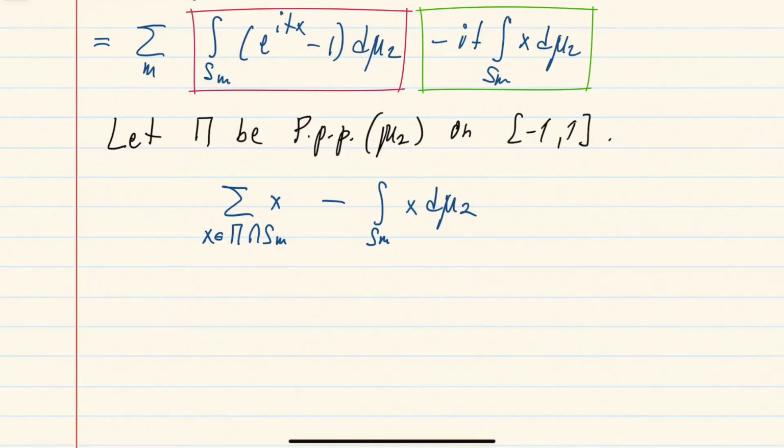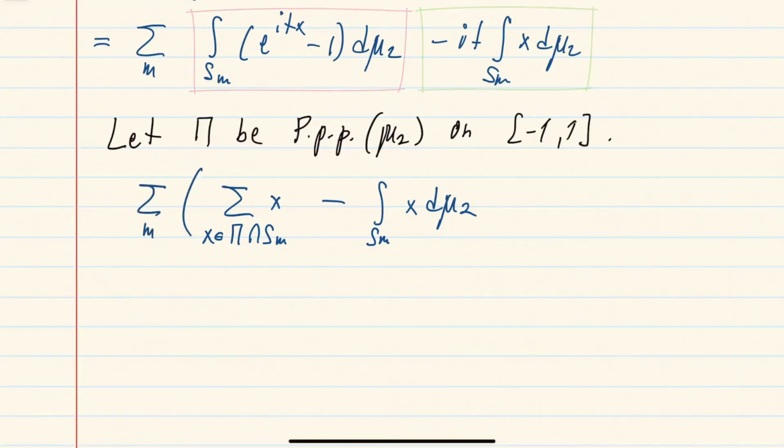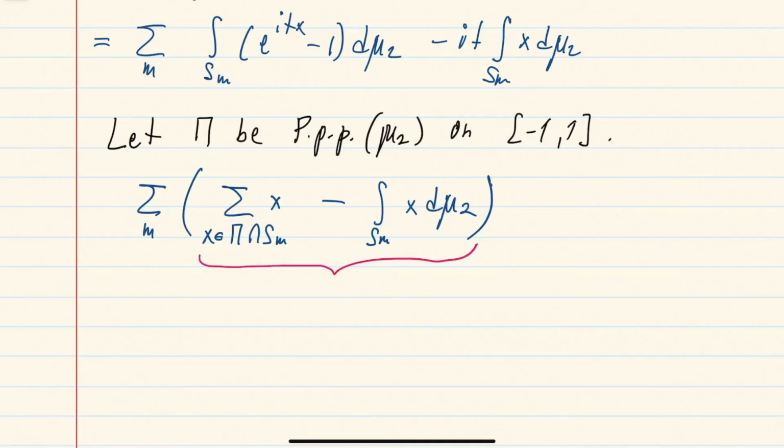And so what we want here is that the sum over m of such random variables is well defined, or this series converges almost surely. But we know by the properties of the Poisson point process that these terms are independent over m, because they are expressed in terms of Poisson process on disjoint partition.